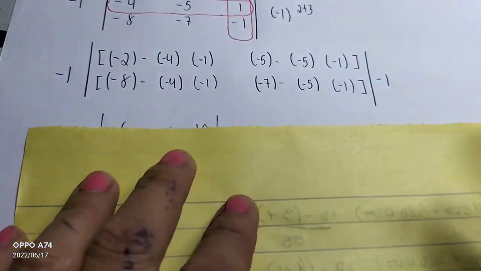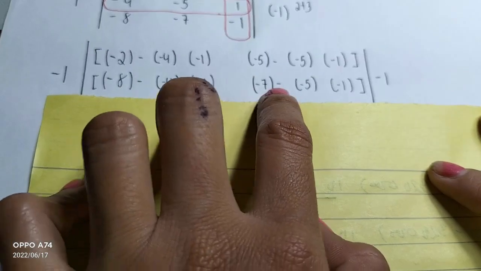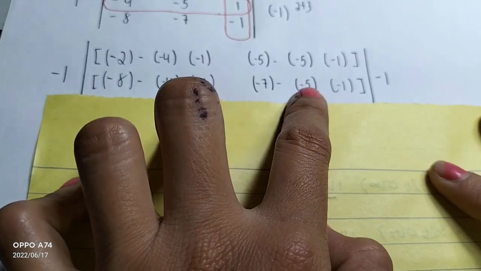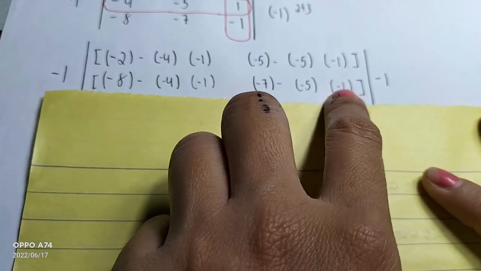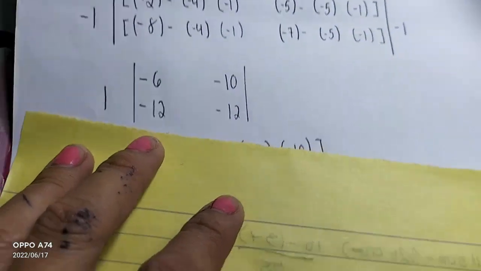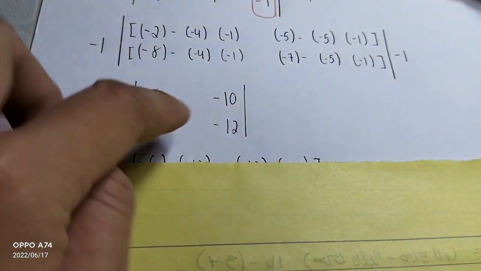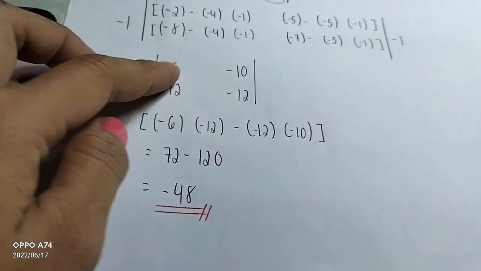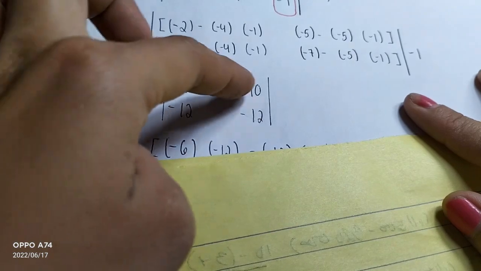And the next is quantity of negative 7 minus quantity of negative 5 multiplied by quantity of negative 1 equals 12. And dito naman tayo is, mag-crossover na naman tayo pagdating dito. Magiging ganun siya.